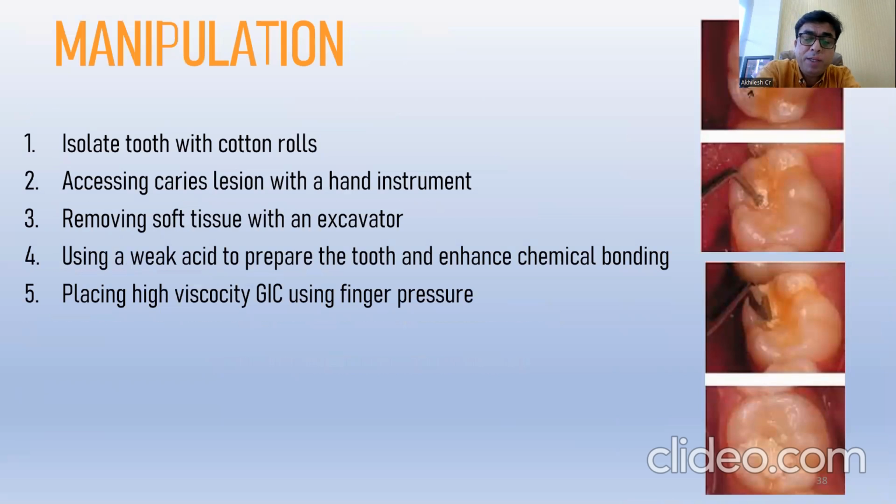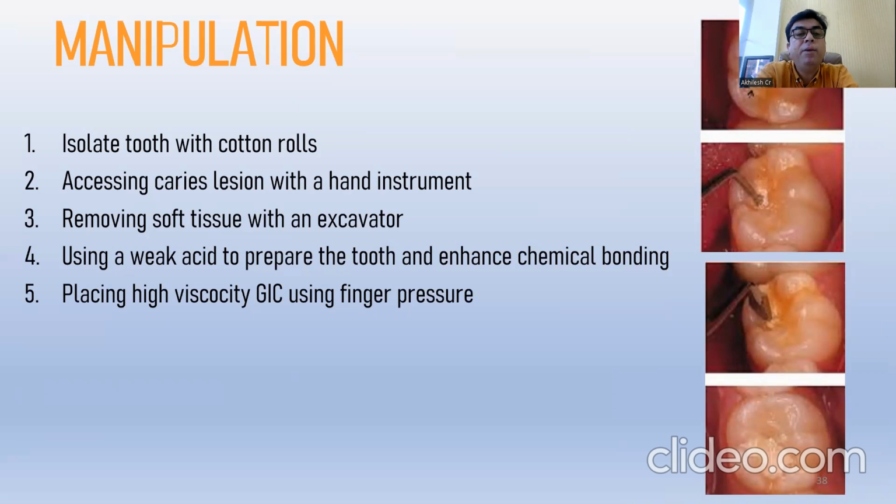How do you manipulate this high viscous GIC? You isolate the tooth with a cotton roll and access the caries lesion with a hand instrument. With the hand instrument, you remove the undermining caries, the soft tissue, using an excavator, and use a weak acid to prepare the tooth in that area, which will enhance the chemical bonding.